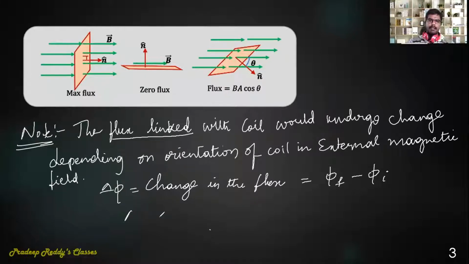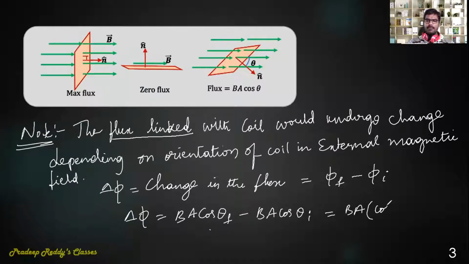Delta phi is equal to B A into cos theta final minus B A cos theta initial, which is equal to B A into cos theta final minus cos theta initial. So whenever the coil is being rotated in external magnetic field, the flux linked with that coil would undergo change.